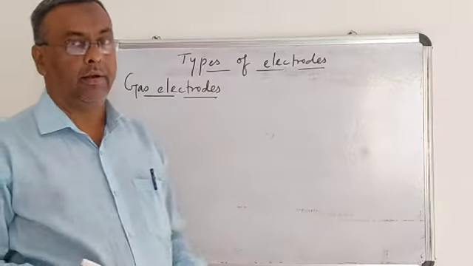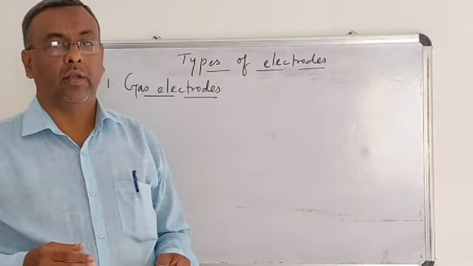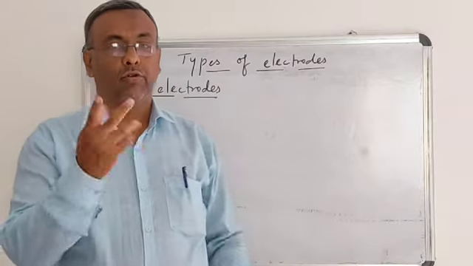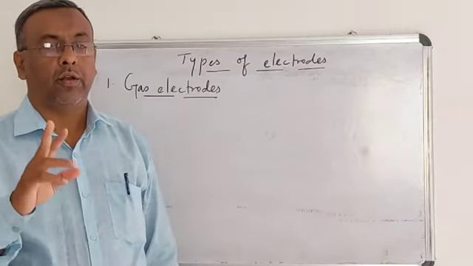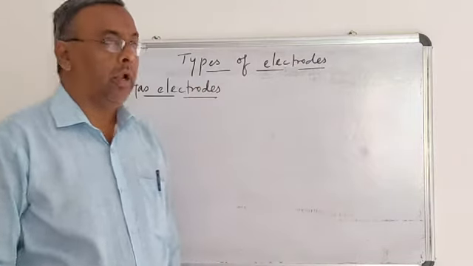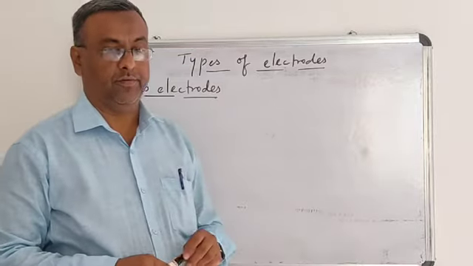Every cell is made up of two half cells and two electrodes. And two electrodes are reversible electrodes. Okay. Now we discuss the gas electrode.